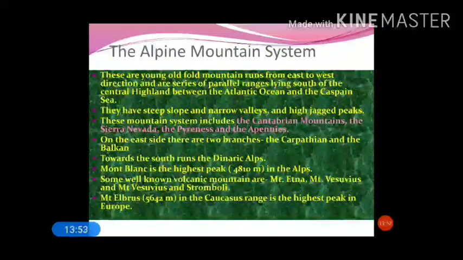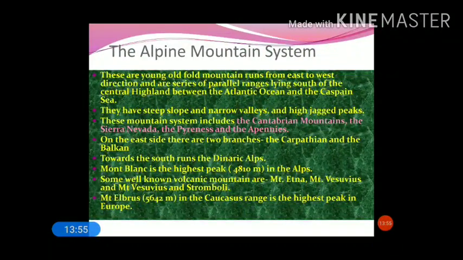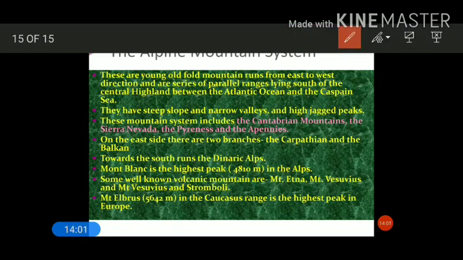So this is why it is called young fold mountain, that runs from east to west direction, and is a series of parallel ranges lying south of the Central Highlands.